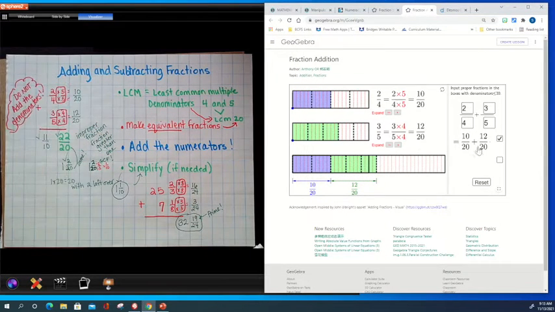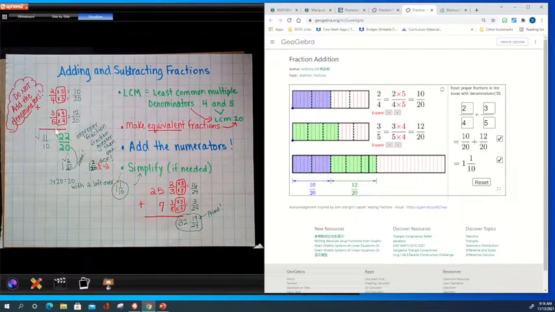Rewrote the problem, and notice my pieces. And notice I'm going to have more than a whole. Do you see that? It's already showing me that I'm going to have more than a whole because that's where the fraction break is and the next little piece. Okay, so now I can check my answer, 1 1/10. But if you physically count it, you can actually count here that there's 10 plus 12, which is 22 20ths.